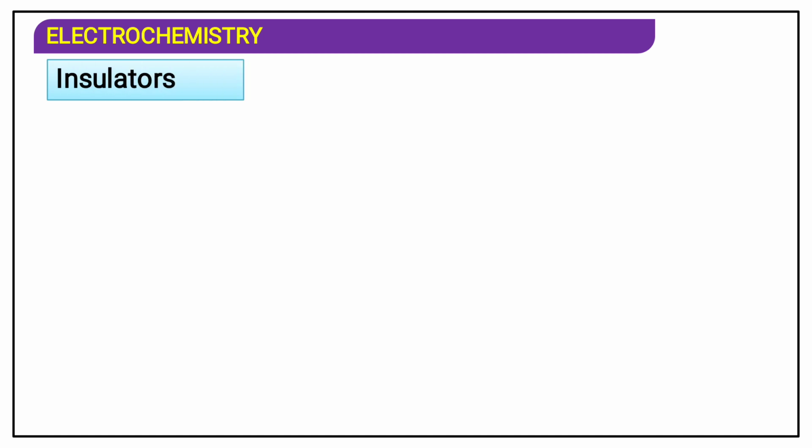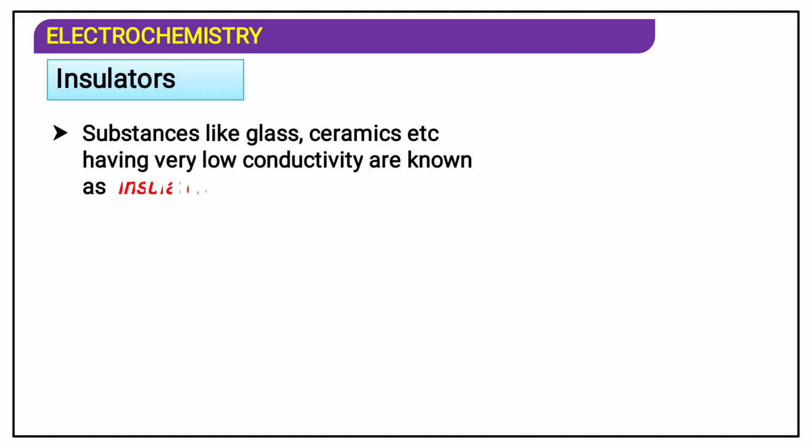Let us go to the insulators. This is a very important substance. Insulators are substances like glass, ceramic, and rubber, having very low conductivity, which means they do not conduct much electricity. Such substances are called insulators. Glass does not conduct electricity, right?